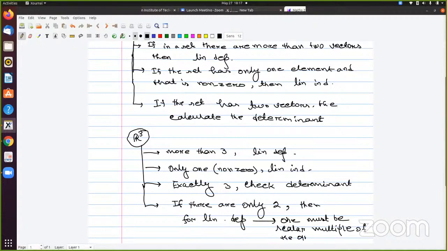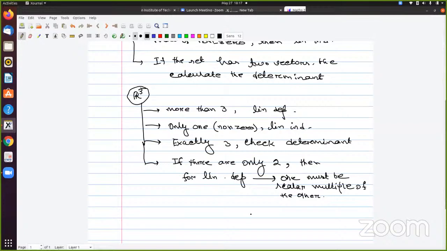If this does not hold, then it is not linearly dependent. If it is not linearly dependent, then it is linearly independent. So if one vector is not a scalar multiple of the other, then it must be linearly independent. Okay.